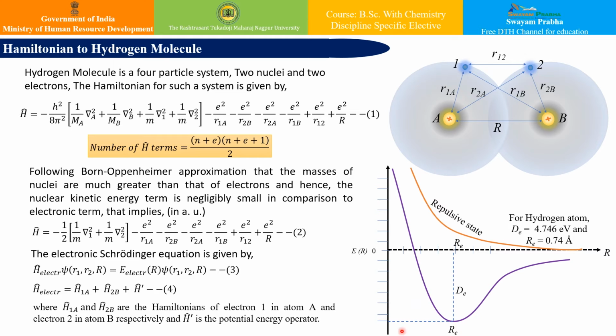That means the energy of this particular system is minimum at this point, and this depth of the energy, that is dE, is known as the dissociation energy or the binding energy, which is required to keep the molecule in intact or stable form.